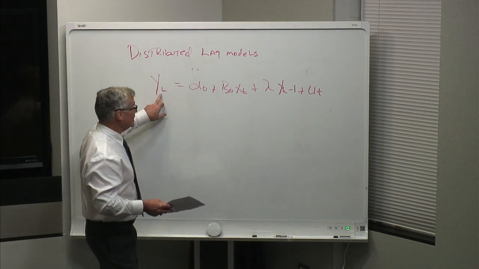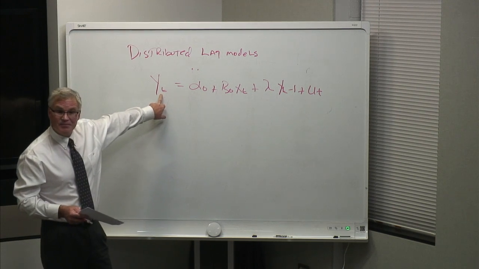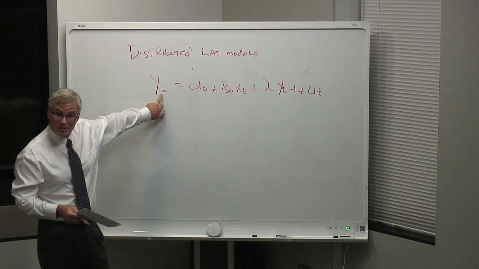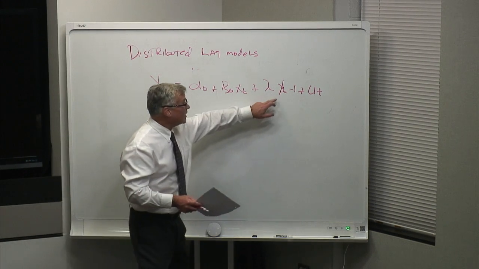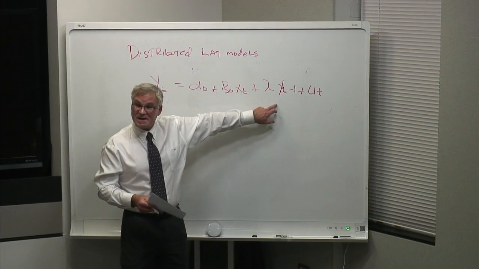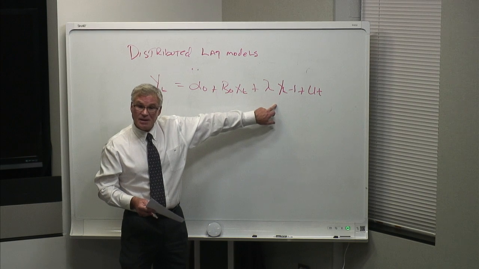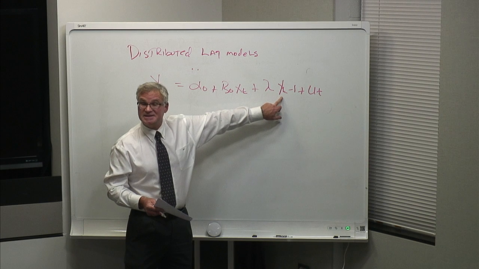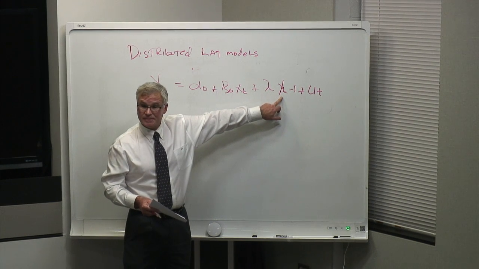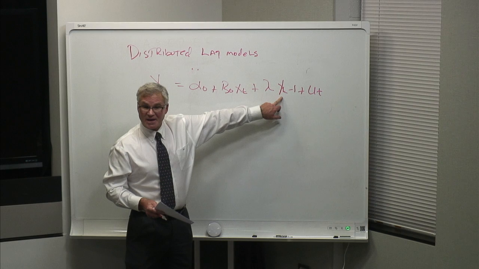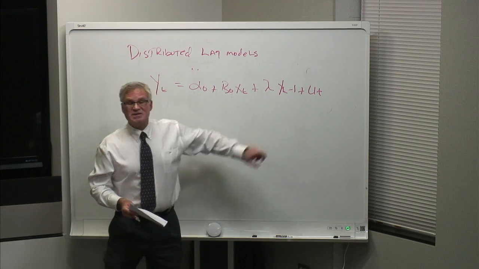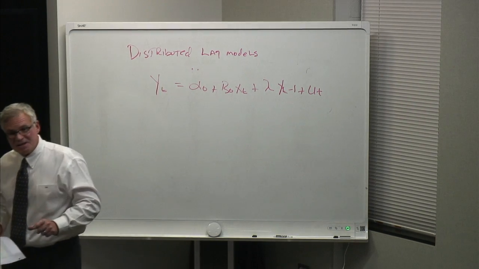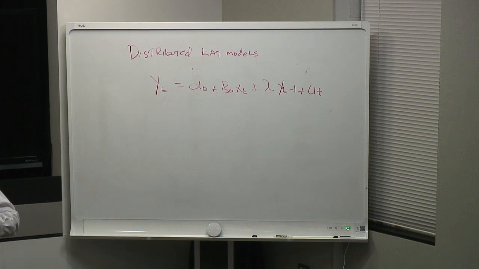Meaning, we have y sub t as the dependent variable, and then we have the same y sub t in the model, except as an independent variable at a different time period. So it's treating a dependent variable as an independent variable as long as it belongs to a different time period.